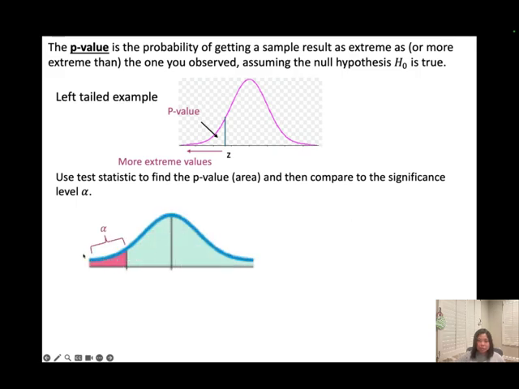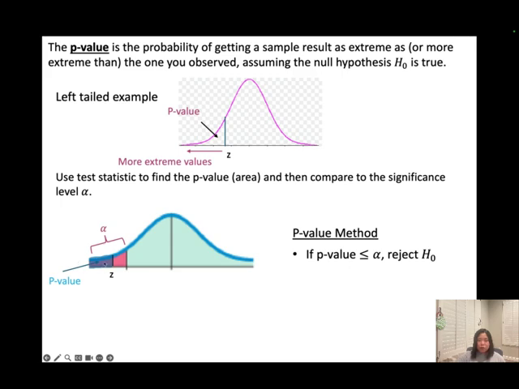Let's say this is my significance level, and my test statistic is located here. So this part will be the p-value, which is the area of the left tail here. The p-value method says that after you find the p-value, you compare it with your significance level.